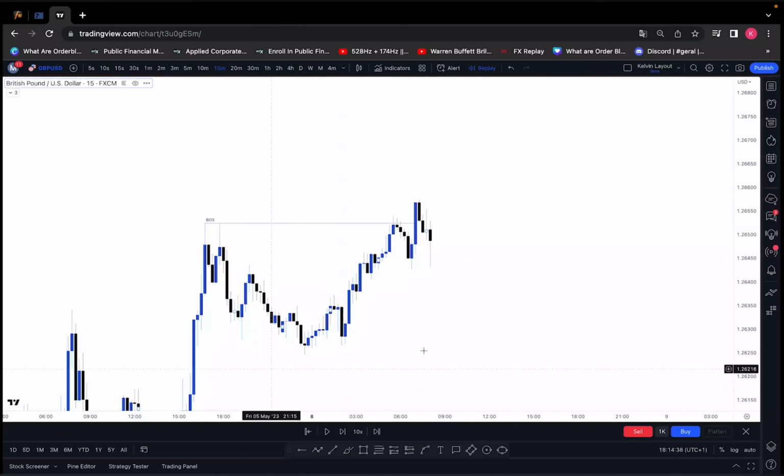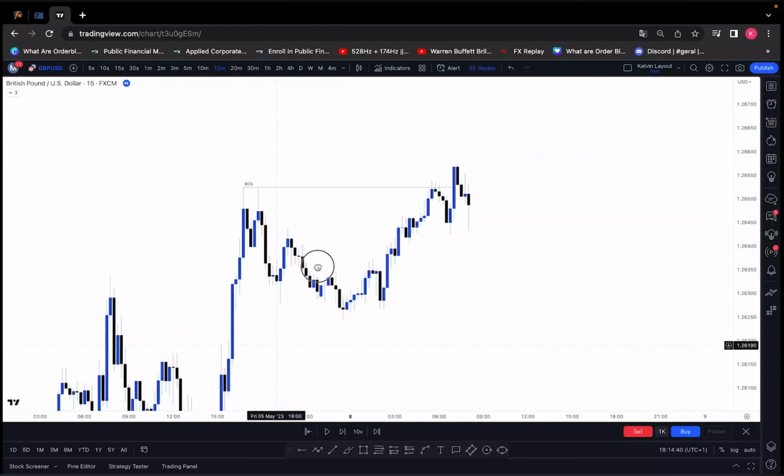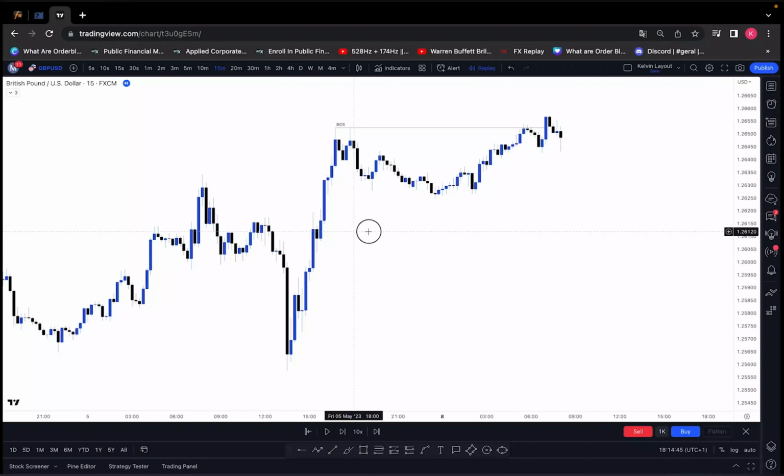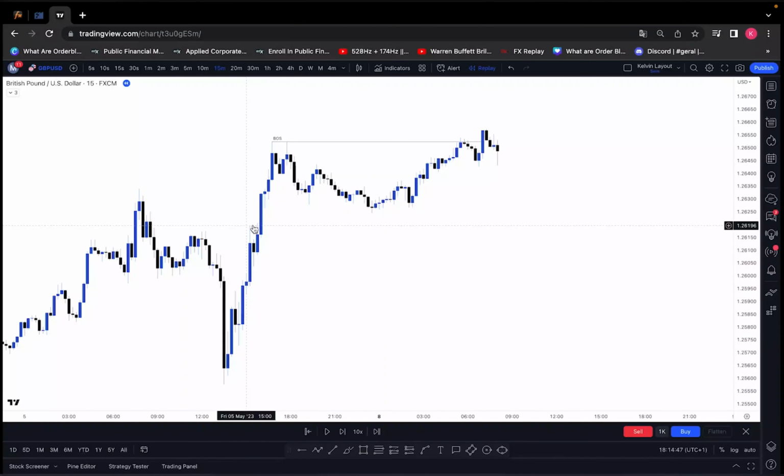So I said, okay, we have loads of imbalances sitting below. So I believe that price was more likely to come down to this point of interest right here, use this low as liquidity, and then continue to push all the way down to this swing low right here.